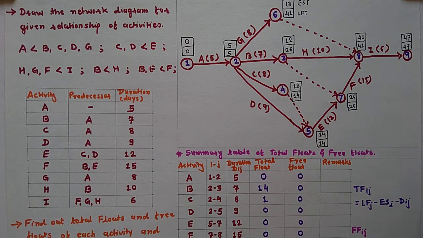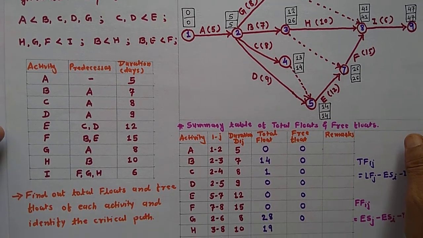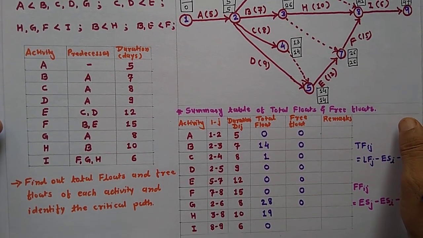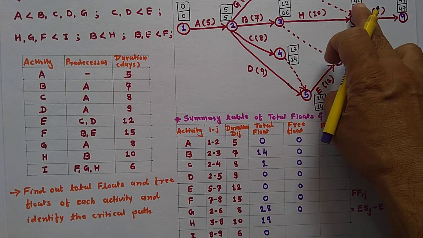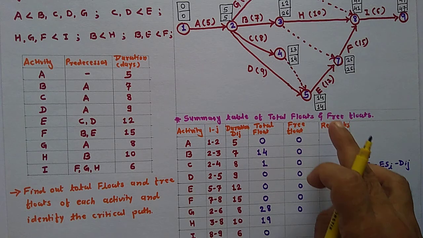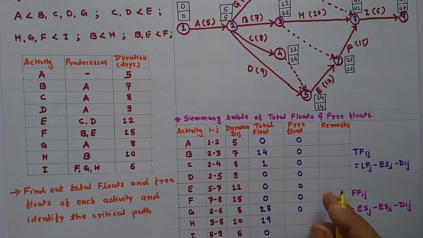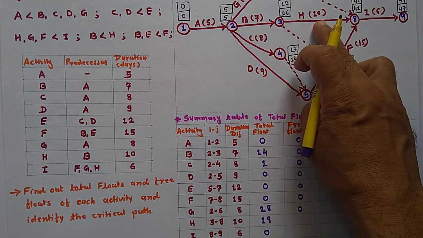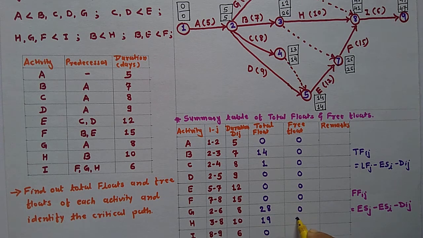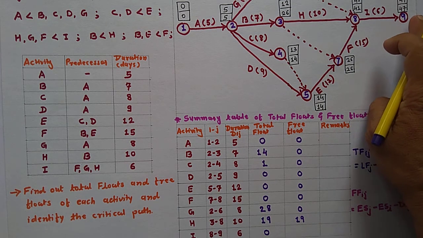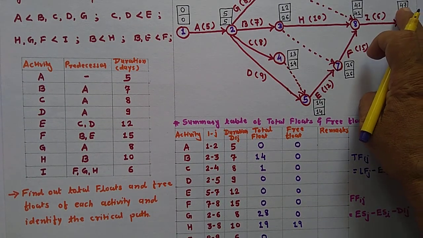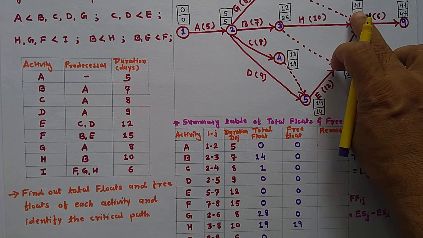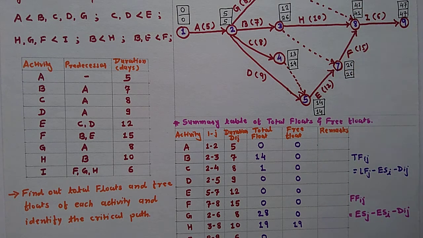Activity H: 41 minus 12 is equal to 29, minus 10 is equal to 19. And activity I: 47 minus 41, that is 6, minus duration 6 is equal to 0.